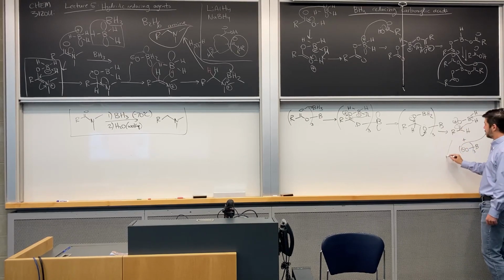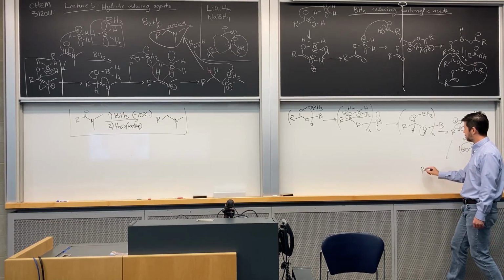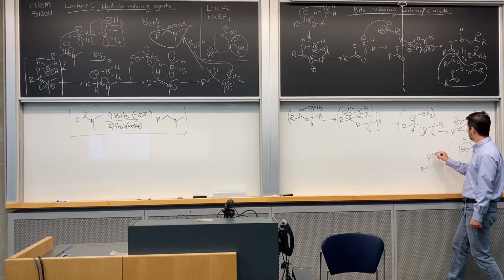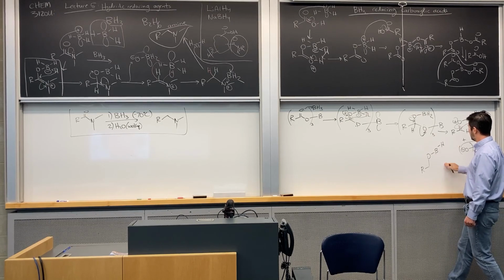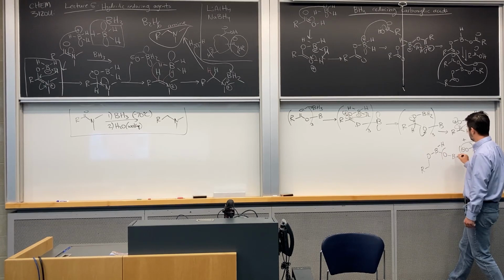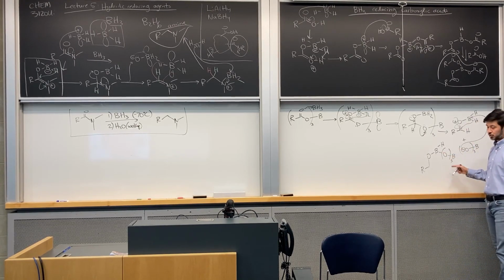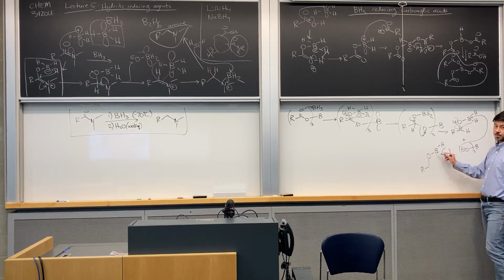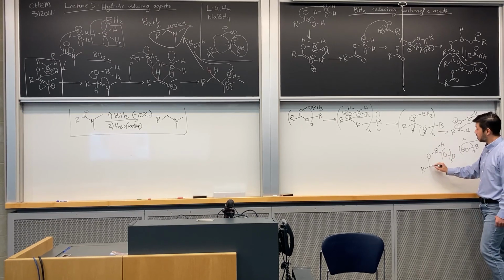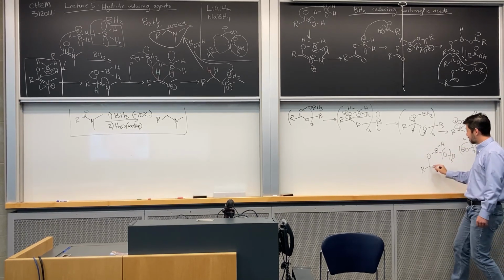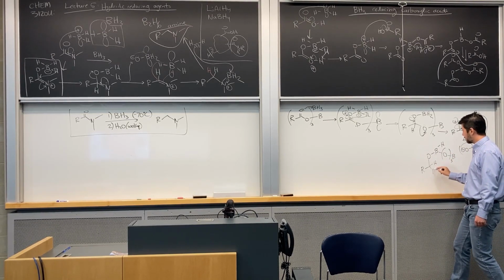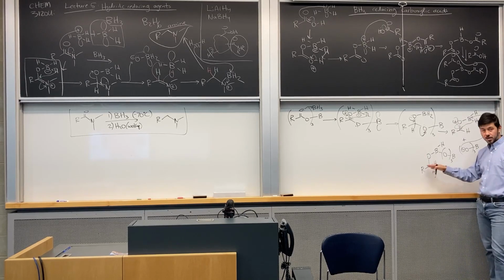All right, so if we do that, we are going to have this type of structure here. So now you have this oxygen that's now formed a complex with this bridging boron. We've transferred a secondary hydrogen here. So now we've undergone that full reduction.